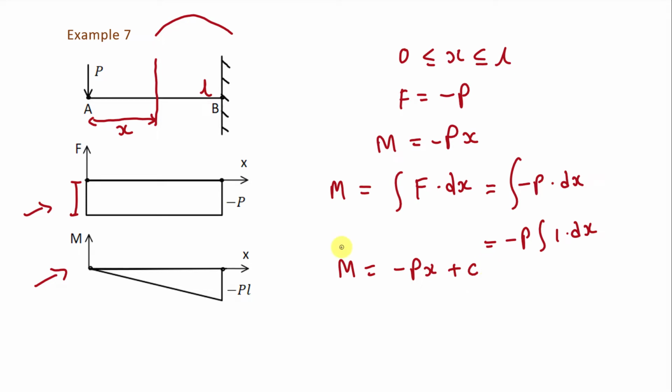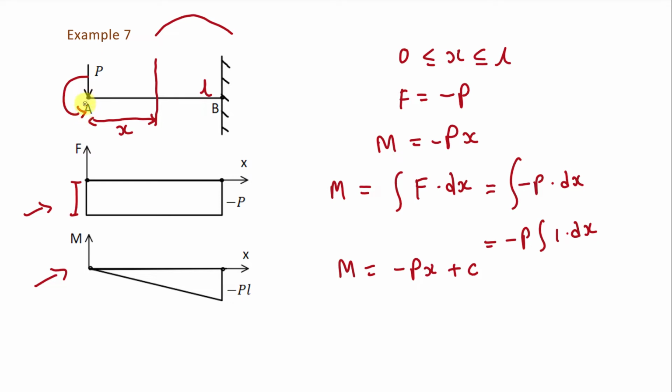Now remember that at the end of the beam which is free or simply supported, if there is no moment applied at the end, then the value of bending moment at that end is 0. Here this end is free and there is no bending moment applied.